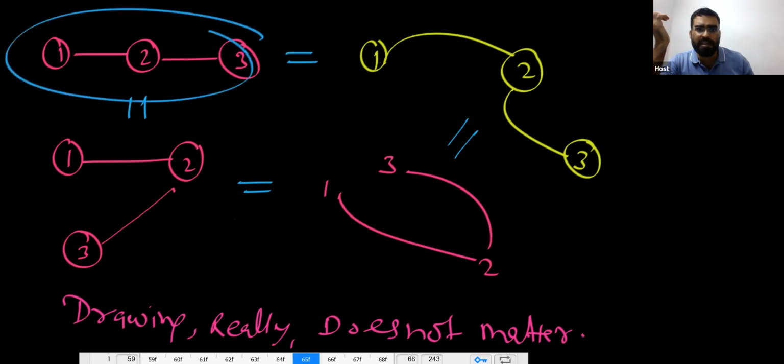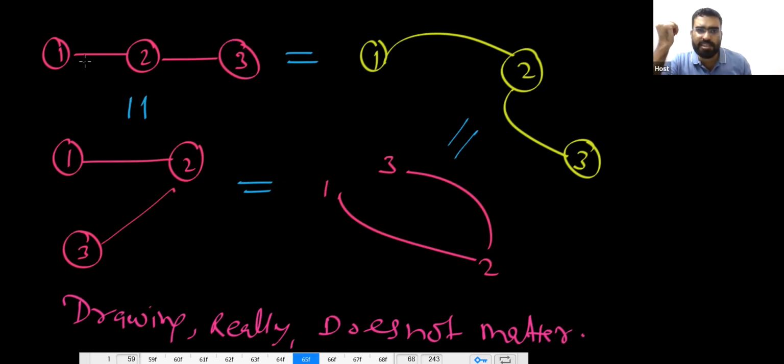For example, this is a real world situation. In this real world situation, 1 is a friend of 2, 2 is a friend of 3. So this real world situation is the same as this real world situation. You can notice 2 is a friend of 3, 2 is a friend of 1. Here also 2 is a friend of 1, 2 is a friend of 3. So these are definitely same.